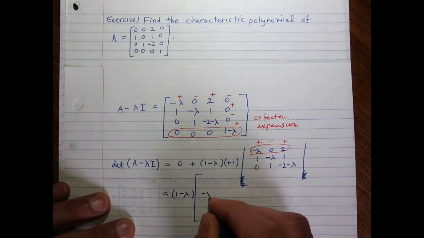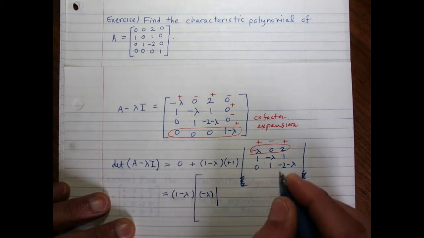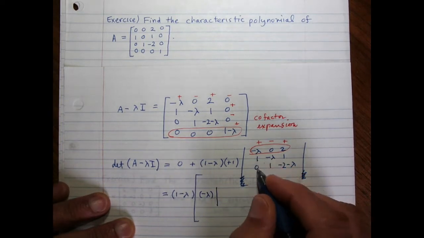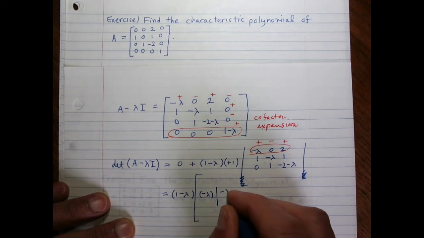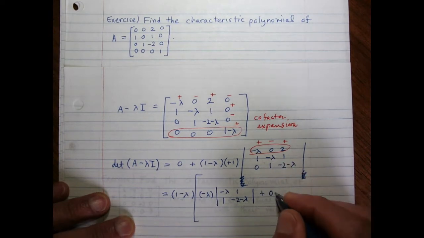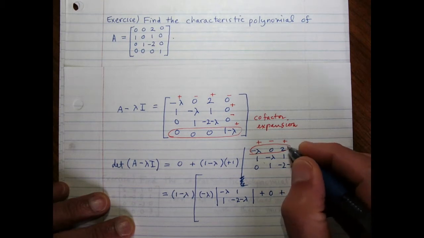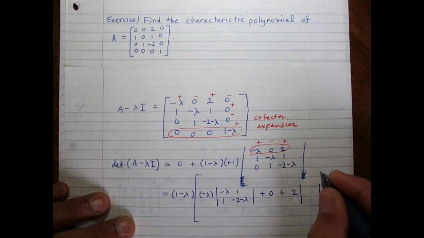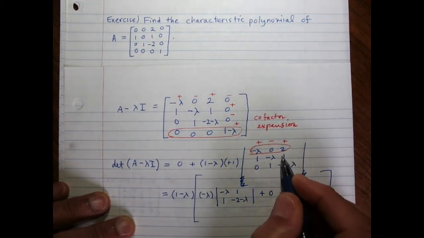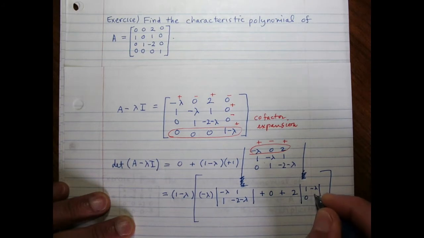I get minus lambda times a plus 1 times the 2 by 2 determinant I get by removing its row and column, minus lambda, 1, 1, negative 2 minus lambda. Then I get plus 0, and then I'll get plus 2 times a plus 1 again, and times the 2 by 2 determinant I get by removing the row and column of 2, 1 minus lambda, 0, 1.